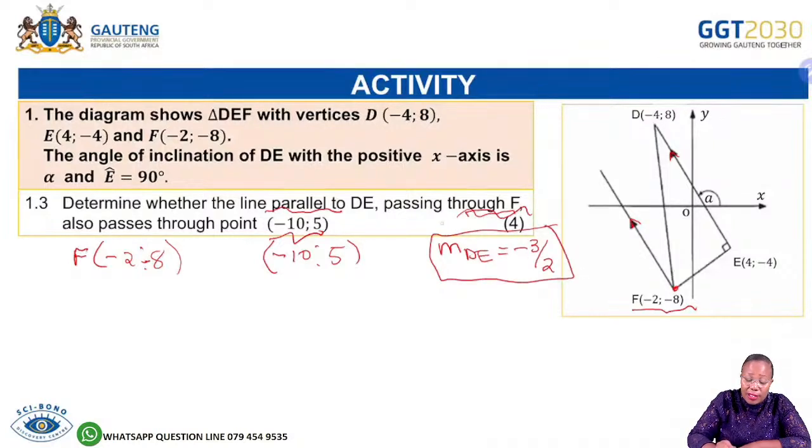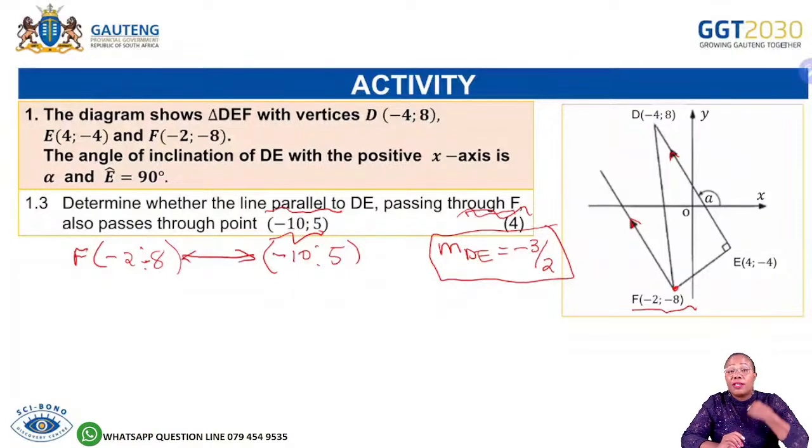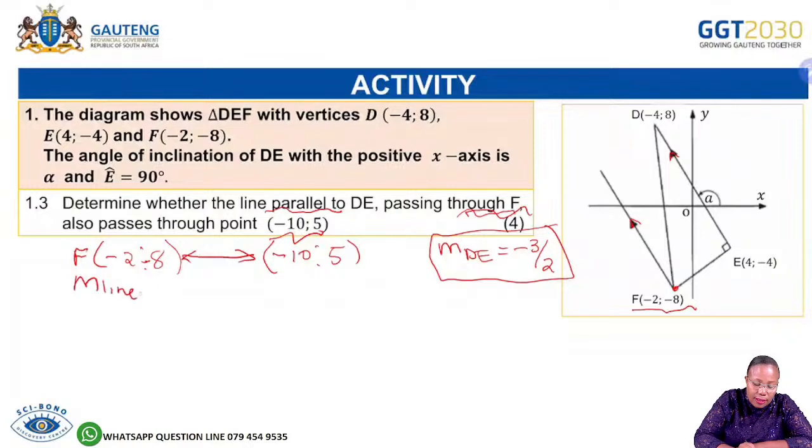If we can calculate the gradient of this line and get -3/2, then the line is passing through that point and is also parallel to DE. Let's see. Now we are calculating m of the line, gradient equals y2 minus y1 over x2 minus x1.